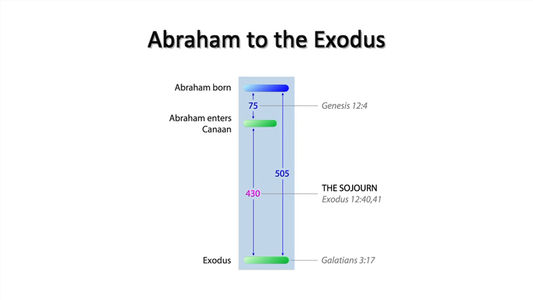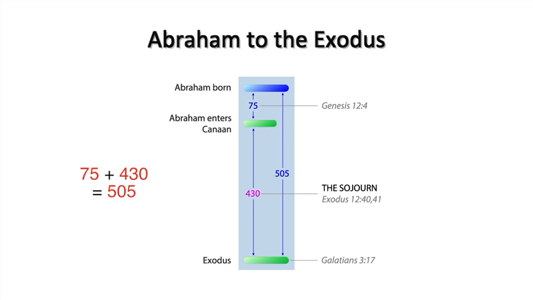It's easy to see this, first of all, because there's the first 75 years of Abraham's life, which is what leads up to when he entered the land. And then we are told, of course, that there's a further 430 years until the Exodus.